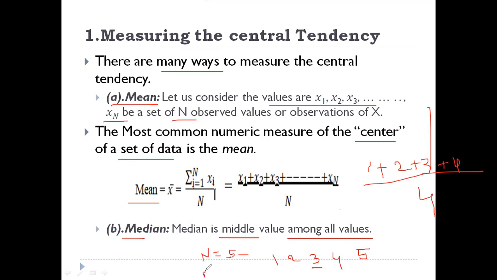For this, you have one formula: the median position is (n plus 1) by 2.